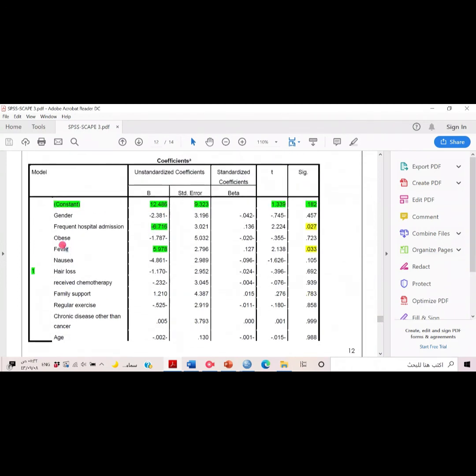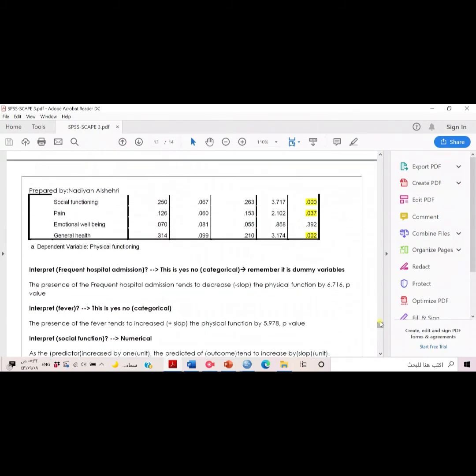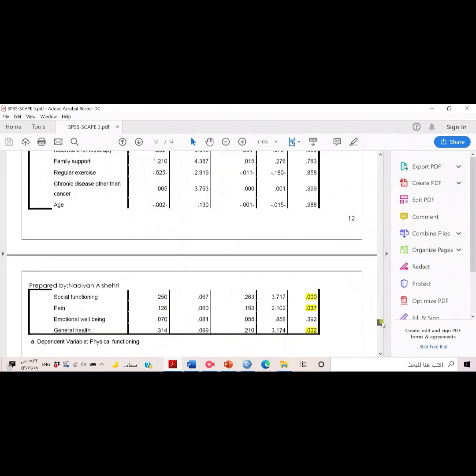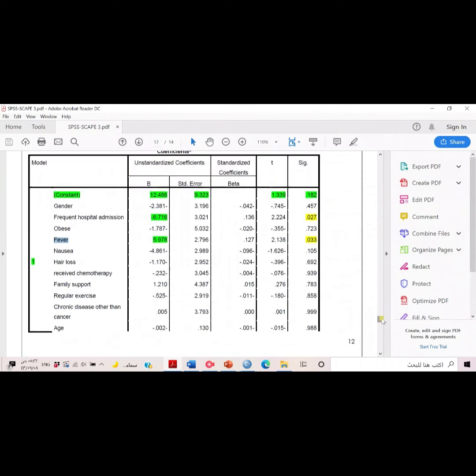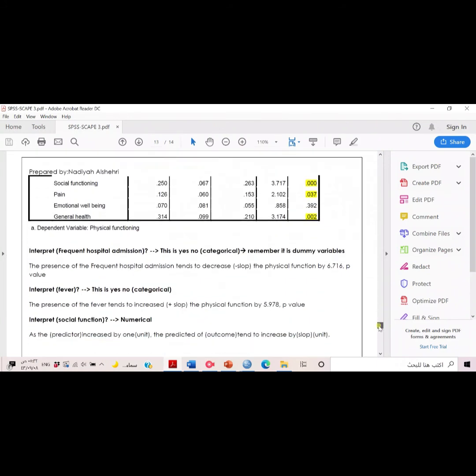Let's see the other one, the fever. We have here the fever. So I will say the presence of fever tends to, in this case, increase, because here I don't have a negative slope, it's positive.